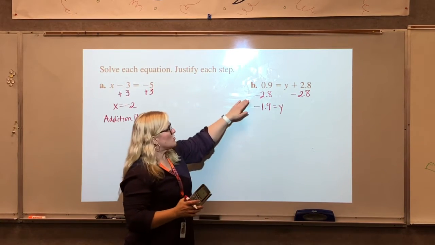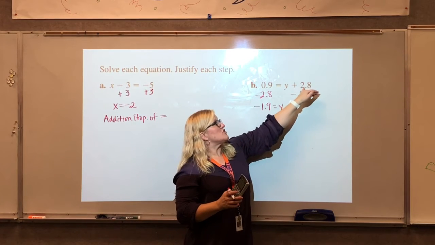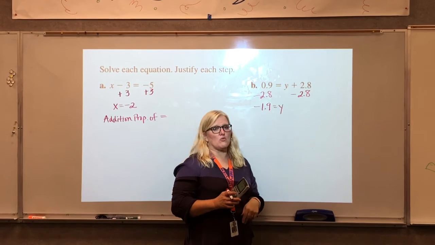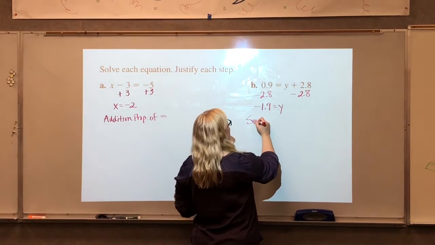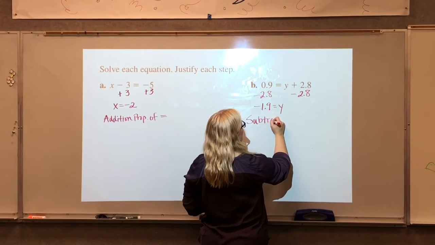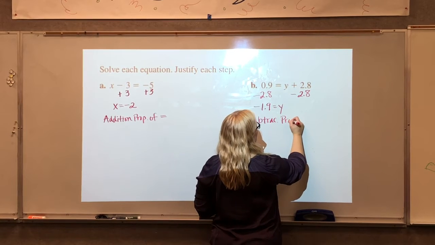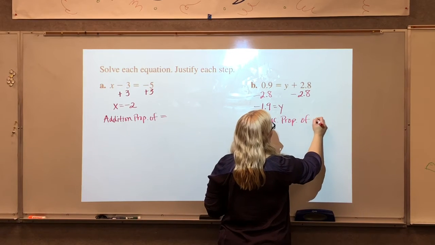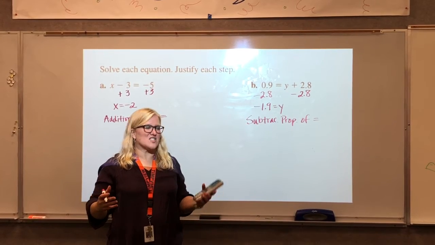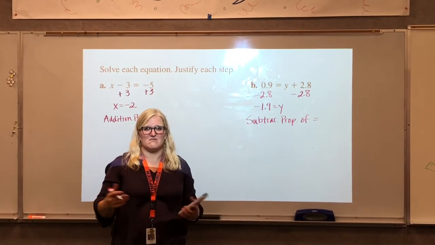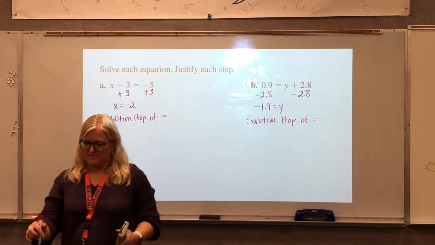Well, what did I do here to undo this plus 2.8? Well, I subtracted. So I used the subtraction property of equality. I know it's kind of a real fancy schmancy way of just saying, well, I just undid it. That's really what it is.